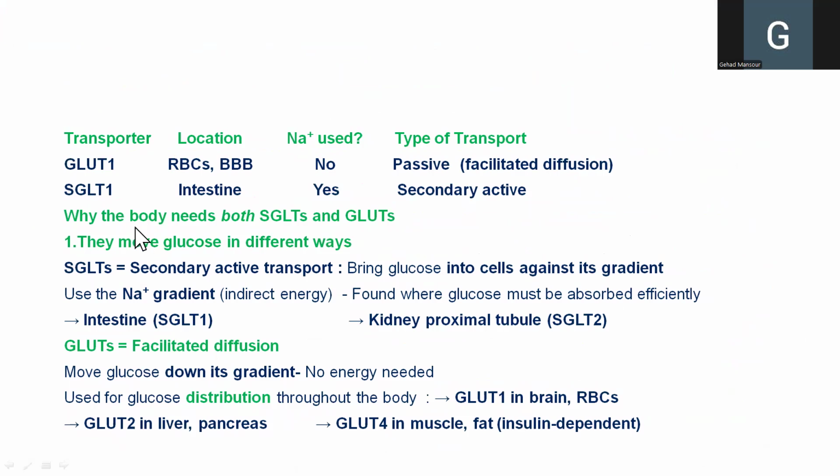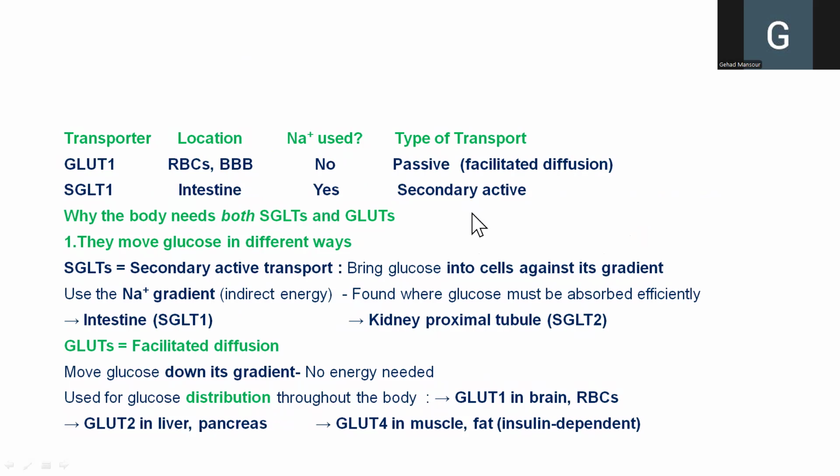So here we have a brief comparison. We have the GLUT1 transporter that is used in the membrane of the red blood corpuscles and in the blood-brain barrier. We don't use sodium, of course, and it represents a type of facilitated diffusion. Whereas the sodium glucose linked transporter 1 works in the intestines.